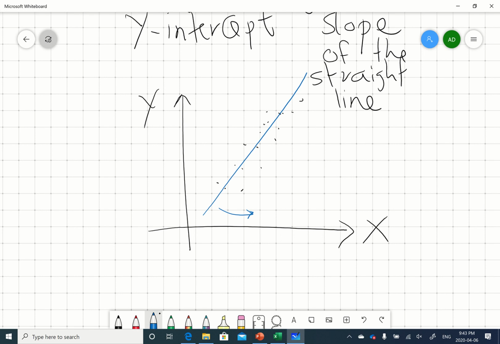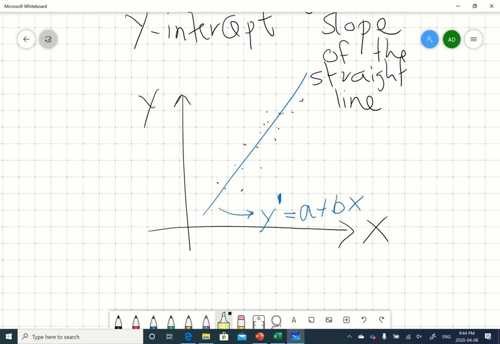You can have many different straight lines passing through this data set, right? The best one is the regression line, and to make it stand out we use y prime equals a plus bx.